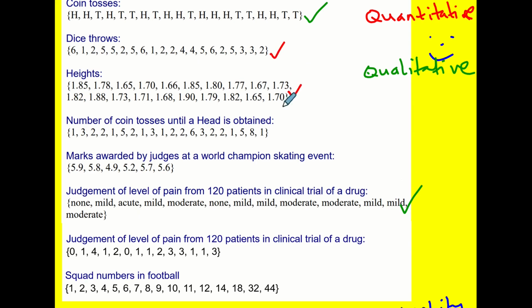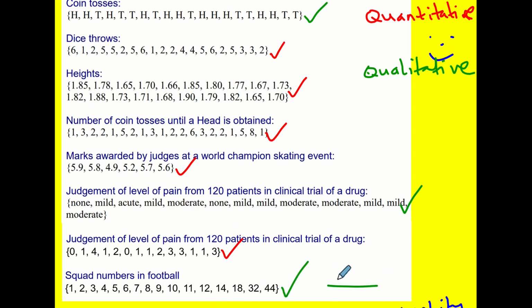Here, here, here, here, here. Okay, however, this one, although it's got numbers in, is a bit of a strange one really, because you wouldn't ever calculate the mean number of a squad really, although maybe you would. But sometimes things like this also get thrown in as qualitative.